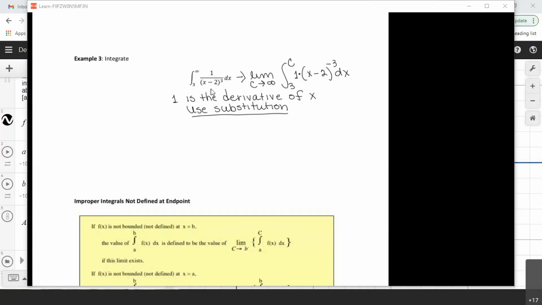Okay, so once you see that the functions are related like that, you think substitution. Okay, you're going to use by parts when the functions are not related. Okay, by parts. Everybody good with that?